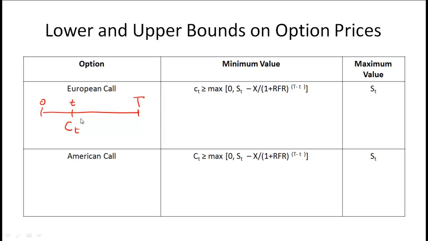And so the time between small t and big T is represented by big T minus little t, and Ct is the value of the call option. St is the value of the underlying stock at time t. X, as you are already familiar with, is the exercise price, and RFR stands for the risk-free rate.